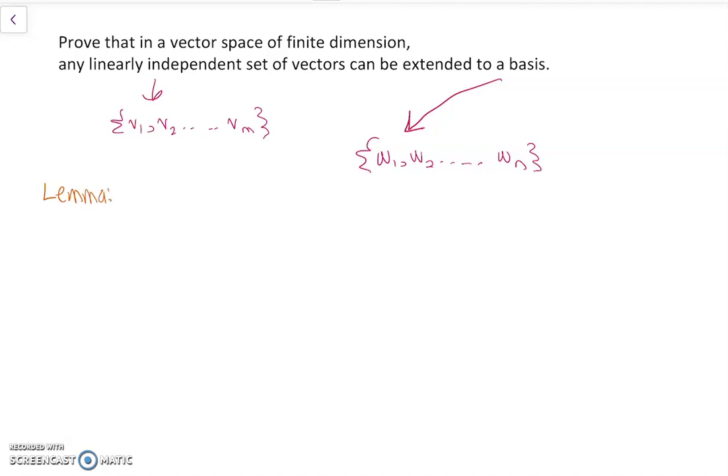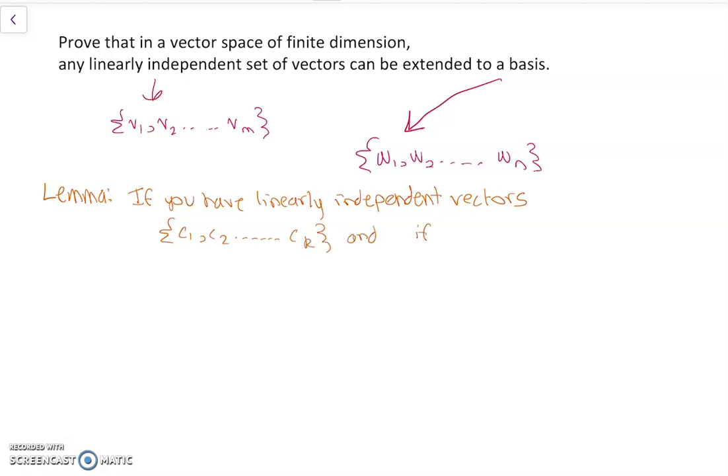And the lemma says, if you have linearly independent vectors, so let's say the linearly independent vectors are c1, c2 up to ck, and if you have another vector d, and vector d is not in the span of the c's.